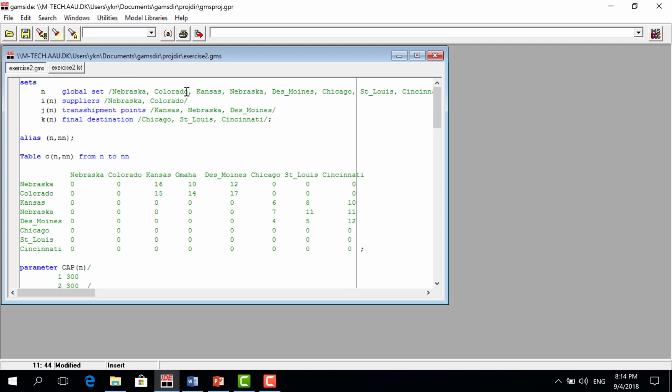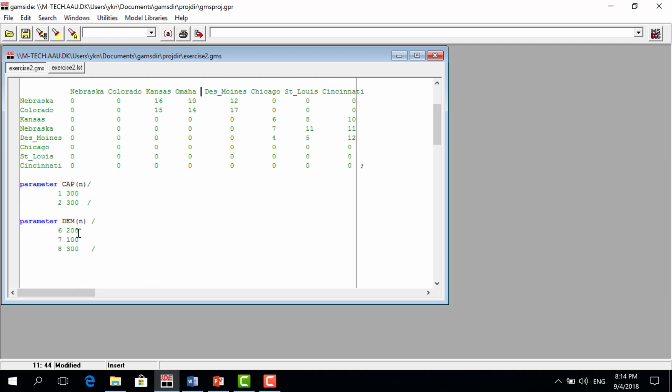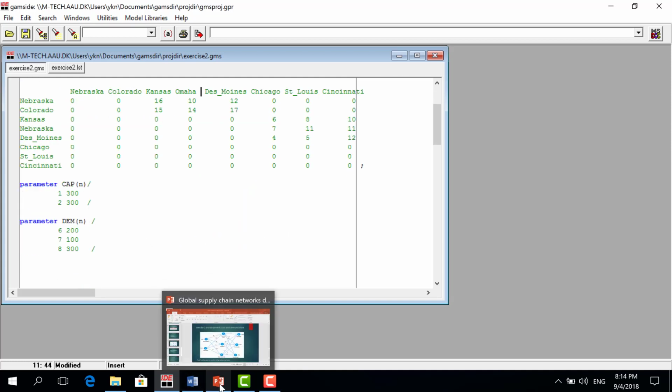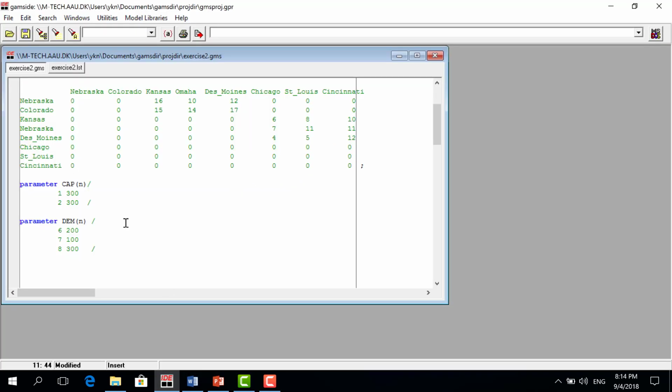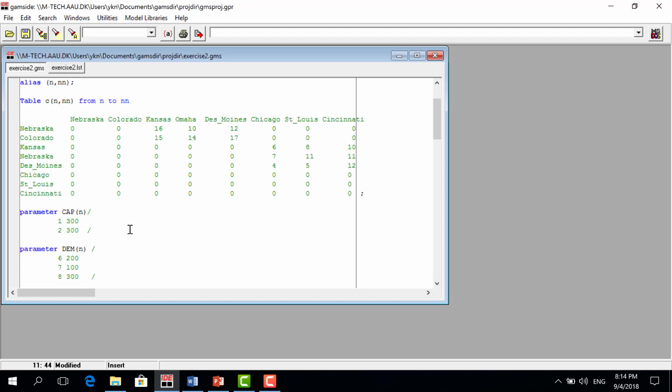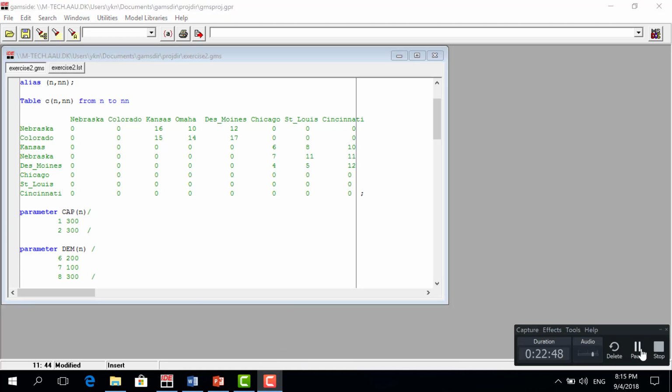What is N6? 1, 2, 3, 4, 5, 6, Chicago. Chicago here is equal to 200. Let's check if it is correct or not. Yes, exactly, 200. Now we have already composed our tabulation for travel costs, capacity, and demand.